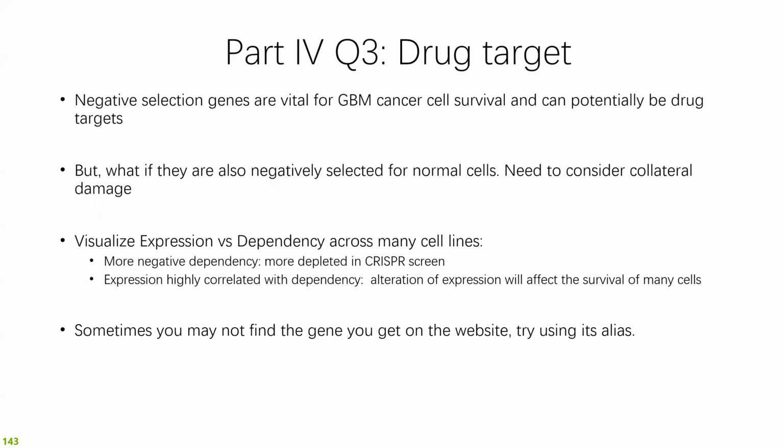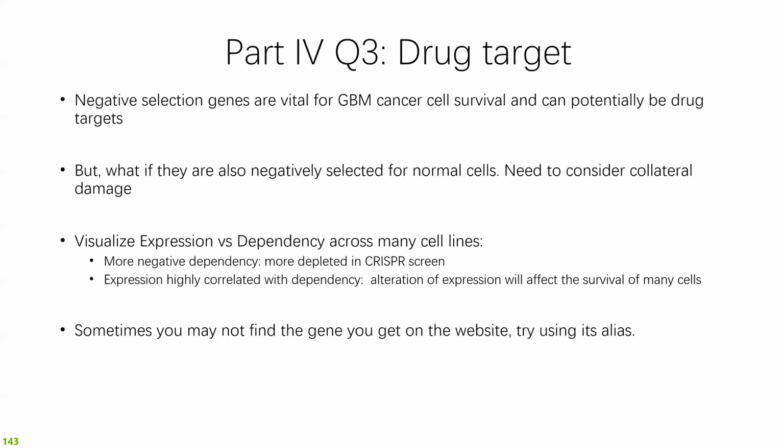And then in question 3, we ask you to find the possible drug targets among the negatively selected genes. As you know, negatively selected genes are vital for glioblastoma cancer cell survival, so they can potentially be drug targets. But here's a problem.